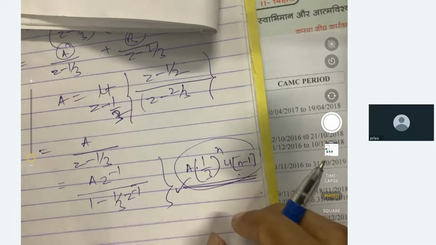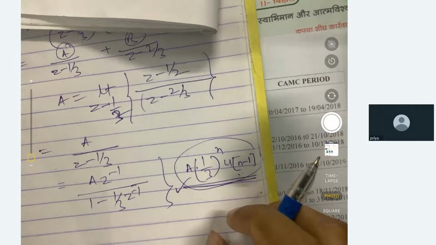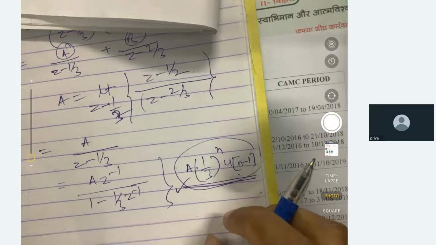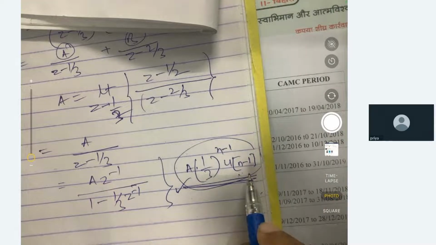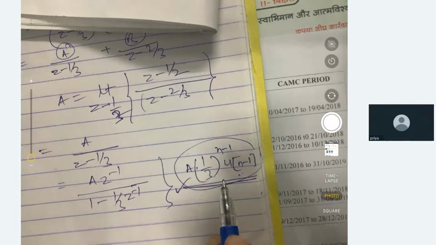Like if you are delaying the signal, because the answer is coming like a z inverse, so A upon 1 minus 1 by 3 z inverse is equal to A into 1 by 3 to the power n into u of n. And when it is multiplied by z inverse, then it becomes A into 1 by 3 to the power n minus 1, u of n minus 1. Right. However, I have not solved this question in the exam, so I'm not sure is it correct or not.